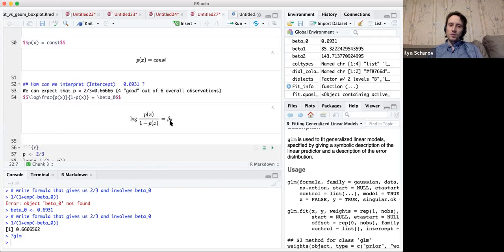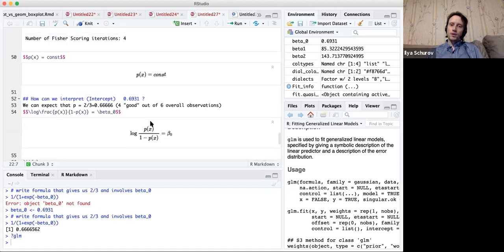So the question was how it can happen that we have logistic regression for which p of x does not depend on x. And the answer is this. If we have only beta naught here, so we don't have any terms with x here, then it means that this value does not depend on x. And this is only possible if p of x does not depend on x as well.